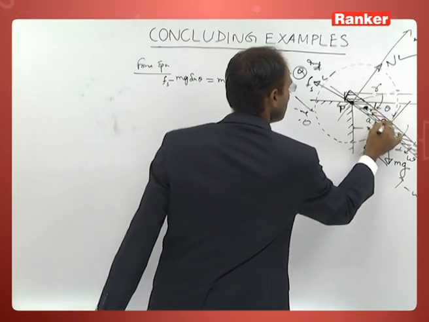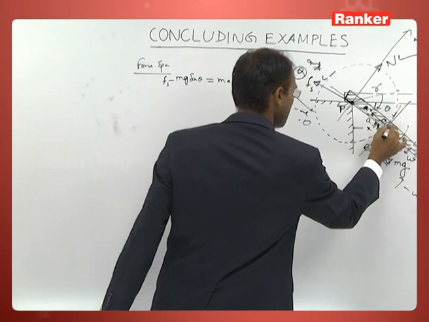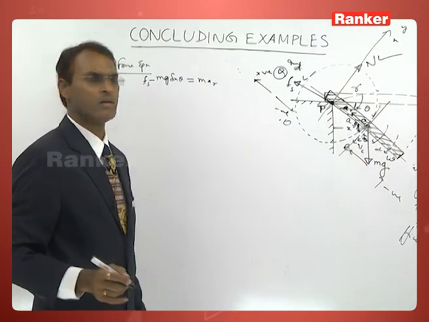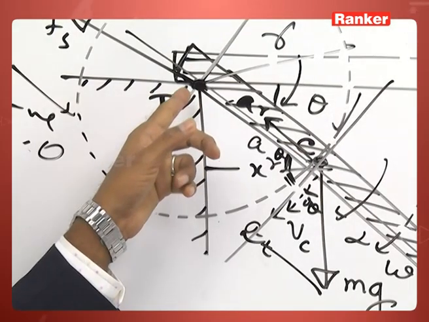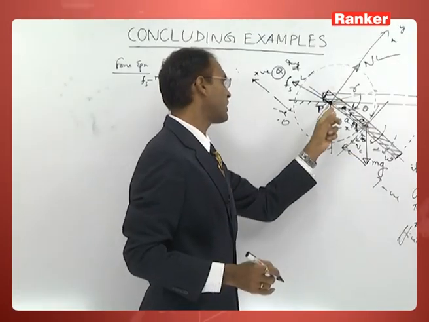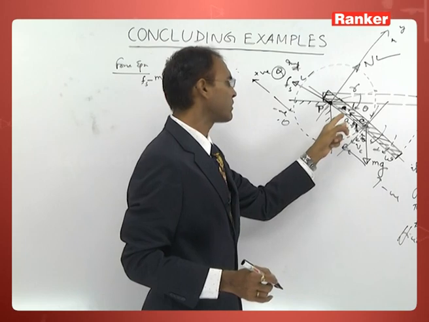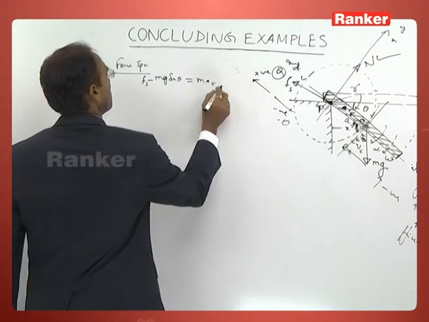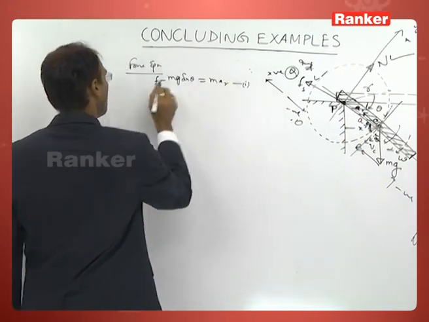I have given AR in this direction and I have taken AT in this direction. AR will obviously be towards the point P, because this point is moving in a circular path. It has to accelerate towards the center of the circular path. That's what we call radial acceleration. Equation number 1.